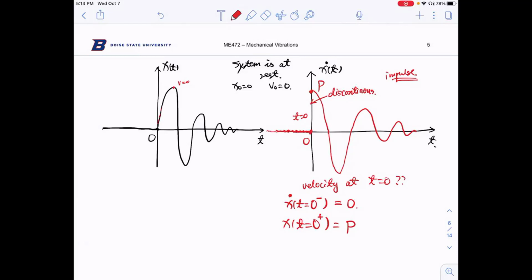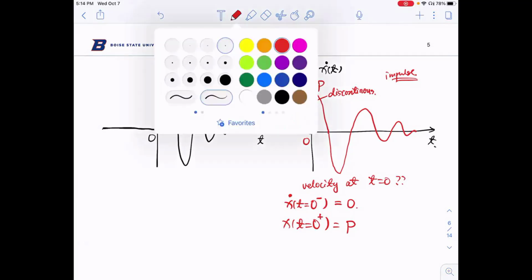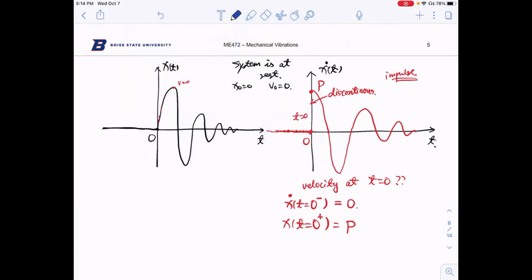So in our case, when t is greater than time 0 positive, we have x(t) equals x1(t) plus x2(t), right? We know that when t is greater than 0 positive, then your impulse comes into play. So that's why your system response has both components in it.